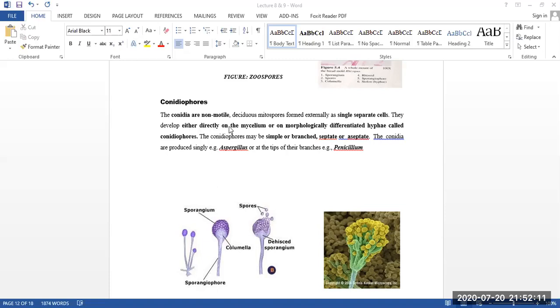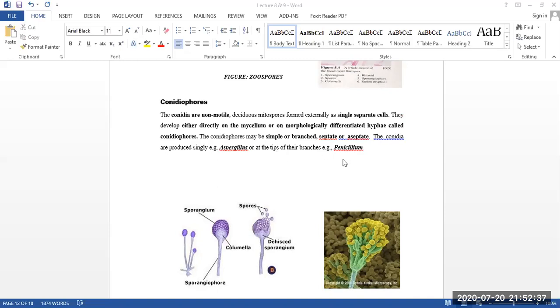They develop either directly on the mycelium or on morphologically differentiated hyphae, which are called conidiophores. These conidiophores can be simple or branched, septate or aseptate. A simple conidiophore is seen in Aspergillus, and a branched conidiophore is seen in Penicillium.